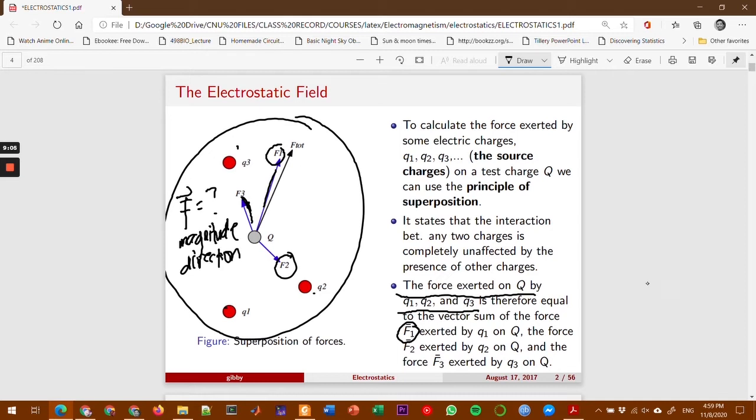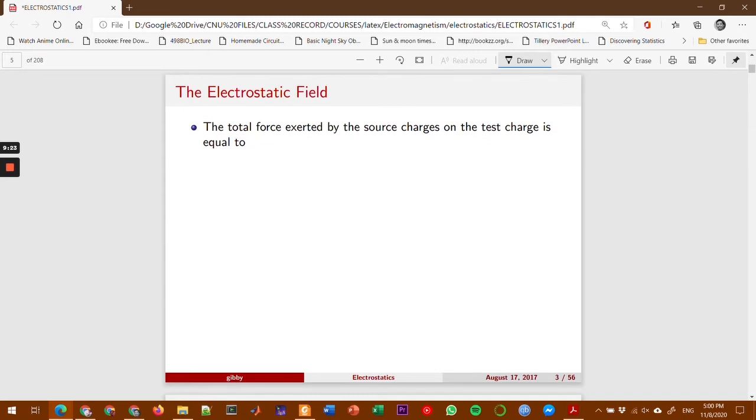So overall asa ka this siya? Usa kay force niya nga net, right? After all these forces nga kay tulog if imo siyang gi-incorporate na. And what could be the direction? Asa ka dapit diri ba ka nga side or diri nga side? Right? So the total force exerted by the source charges on the test charge is equal to this one.